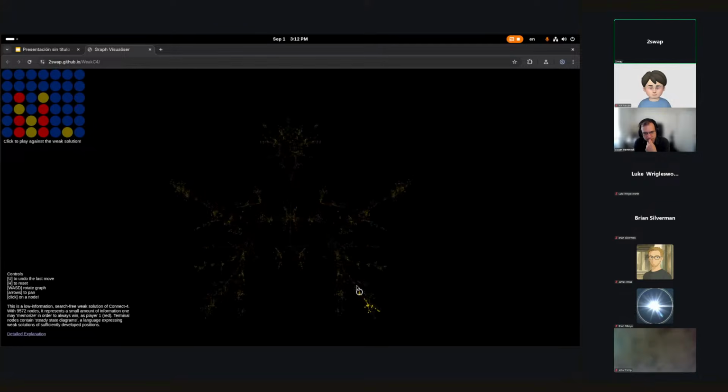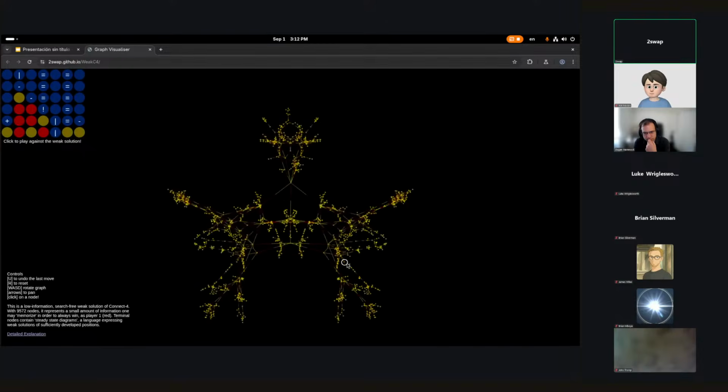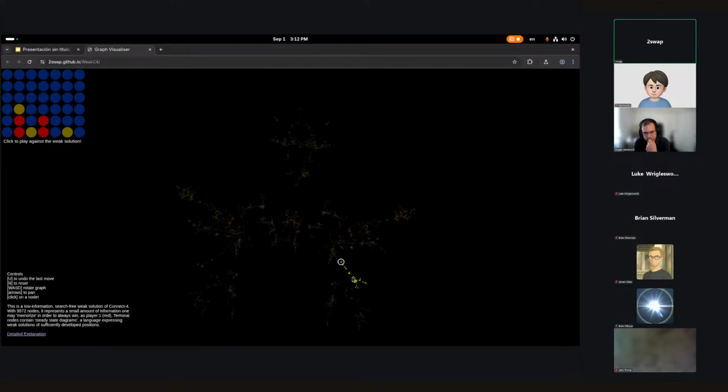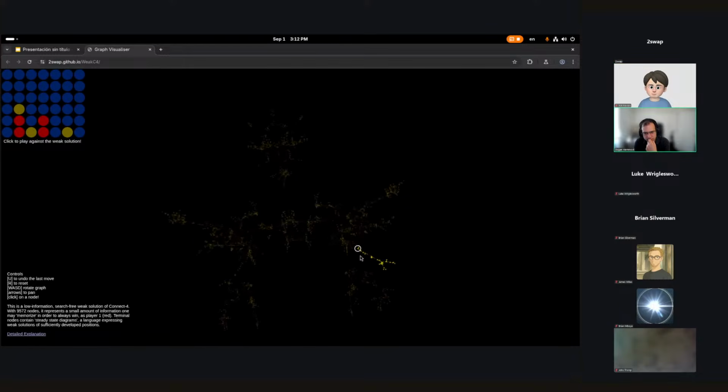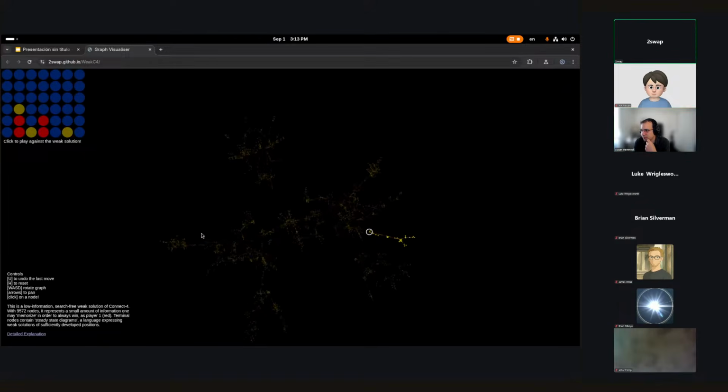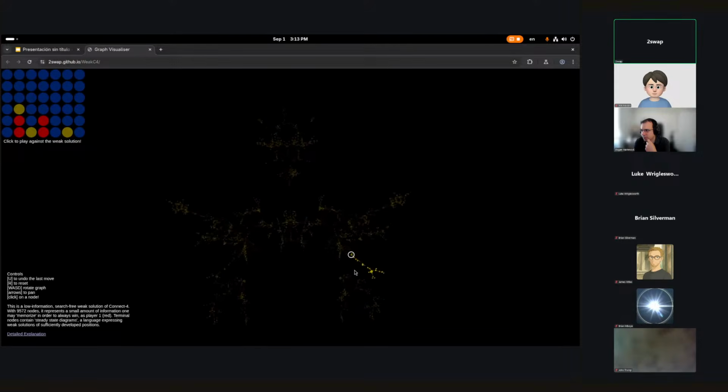A lot of these little one-off variants here, like this line here, there's a number of these, and they correspond to actual forced complex lines that don't evoke tons of complexities, but you just have to memorize the way that it goes out as an opening.